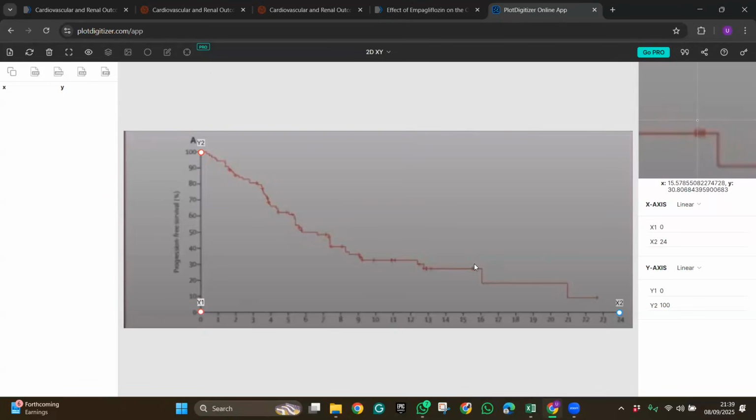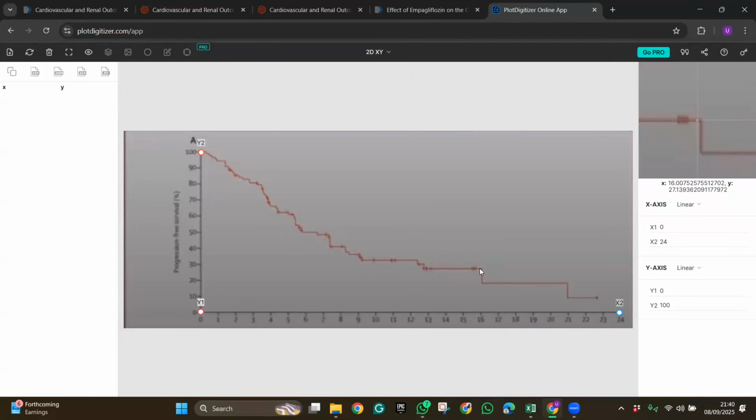As soon as it changes into 16, I'll stop there. Yes, now it's 16. You can be a little decimal points above or below 16, but try to get it exactly 16, okay? Now, once I've reached 16, it will give me the progression-free survival at week 16.